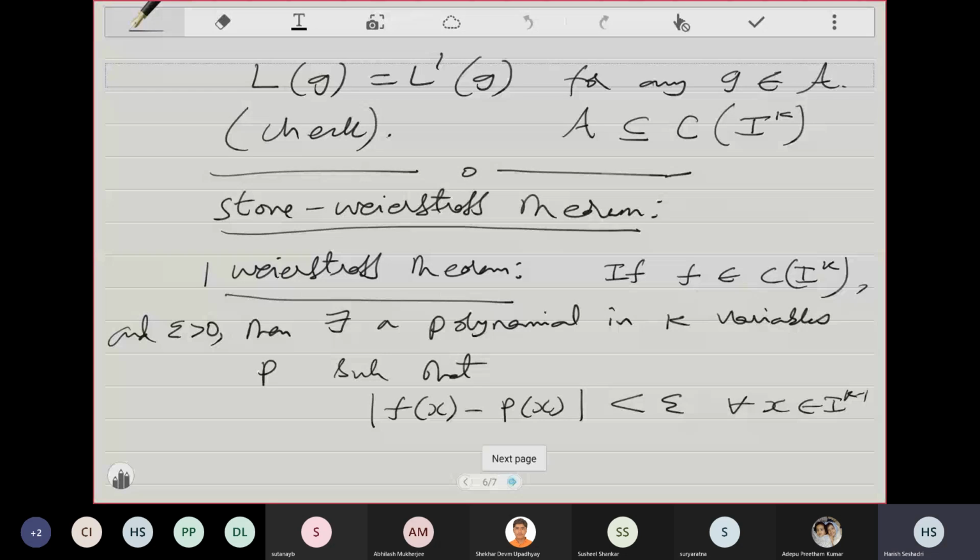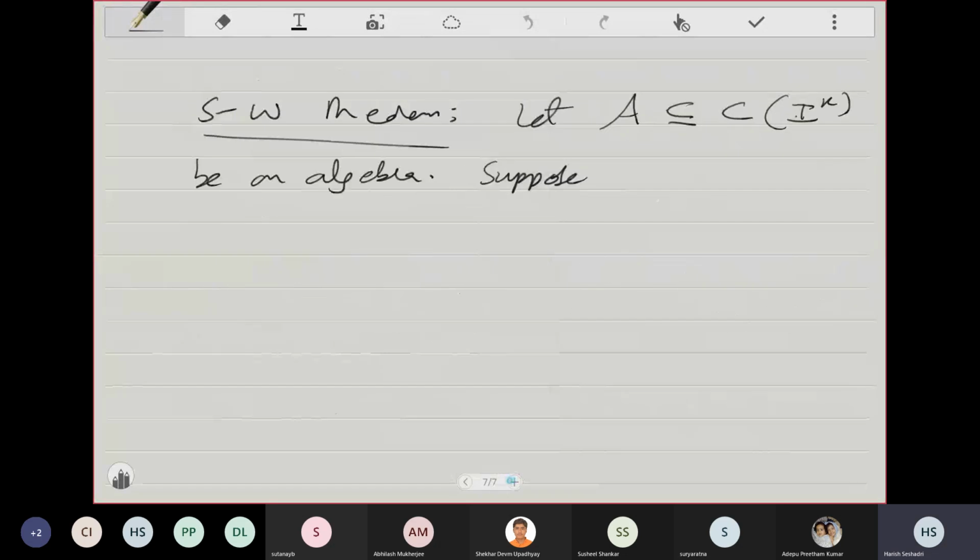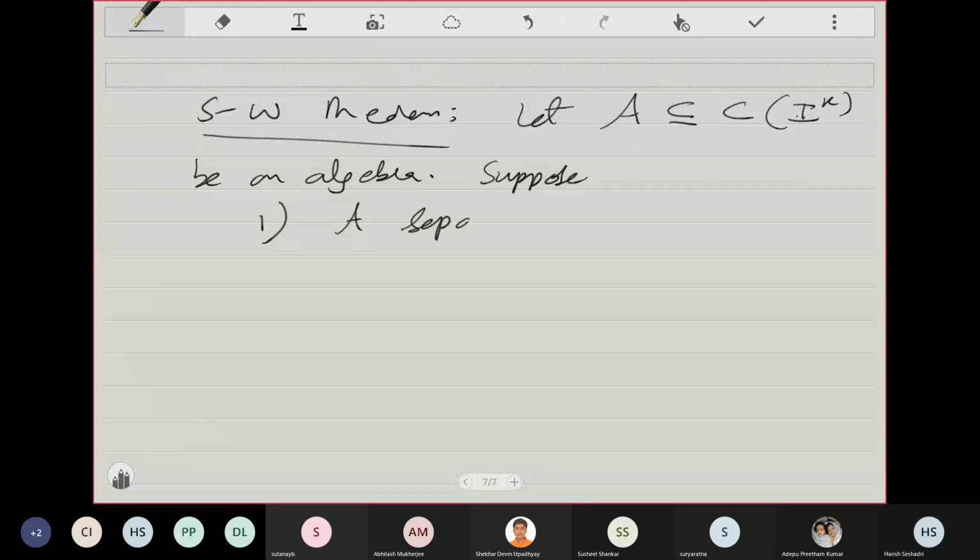So it turns out that it's not enough that you just start with an algebra. You need a couple of conditions on the algebra. Suppose, one, the first condition is A separates points. What does this mean?